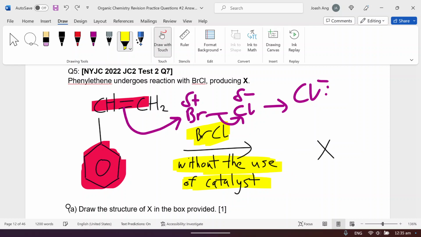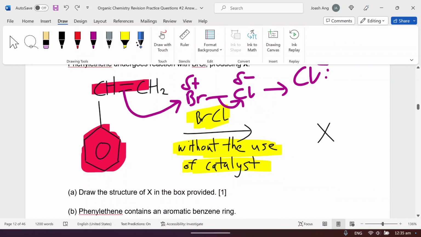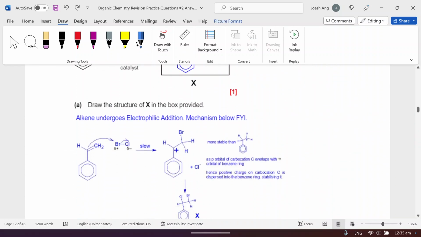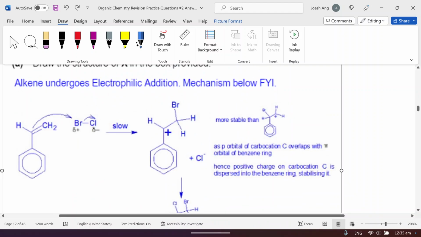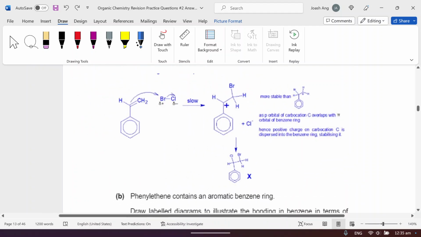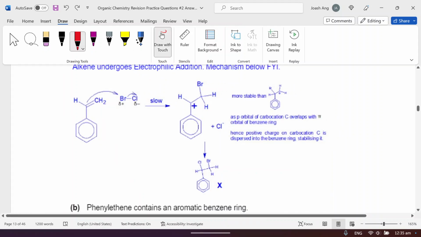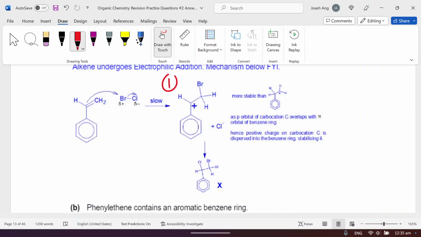Another thing is that the carbocation will be formed. You can see the carbocation can either form this carbocation right here or this carbocation right here.